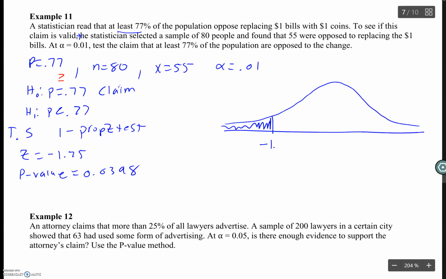So if I put my negative 1.75, the p-value goes in that tail. If I compare it to alpha, what's my decision going to be? I'm greater than it, so I'm going to fail to reject, which means what?